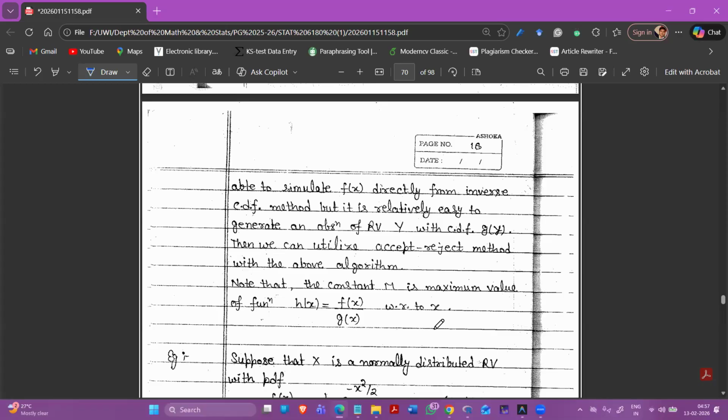If you cannot find the distribution that covers your distribution completely, accept reject method is not applicable for those distributions which are very flexible, like generalized Weibull or generalized log logistic distribution, or some other distributions that are more flexible.